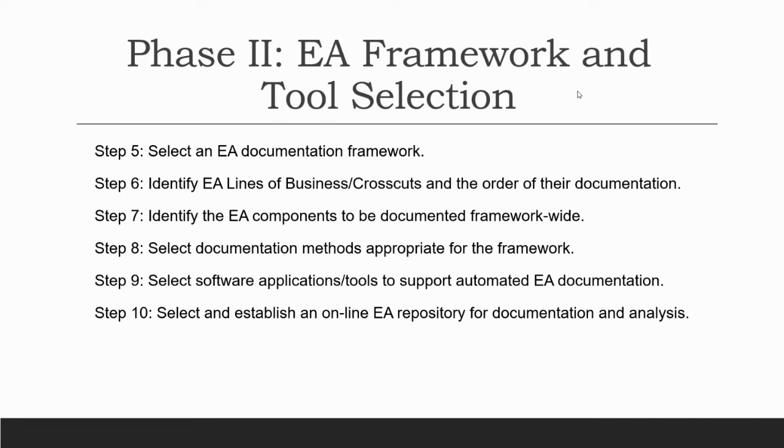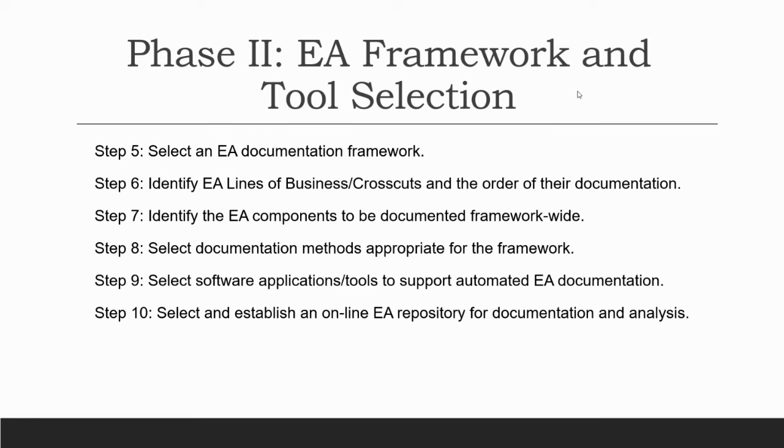This begins with the selection of an enterprise architecture documentation framework that will define the scope of the architecture, guide the approaches for modeling existing views, build future scenarios and accompanying modeling, and construct an online enterprise architecture repository that will preserve all EA documentation artifacts.